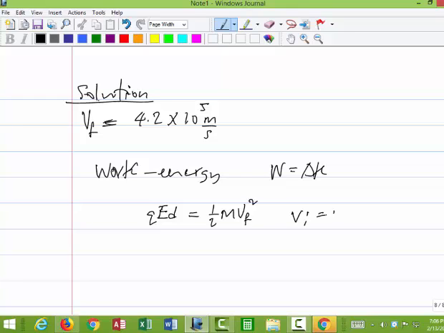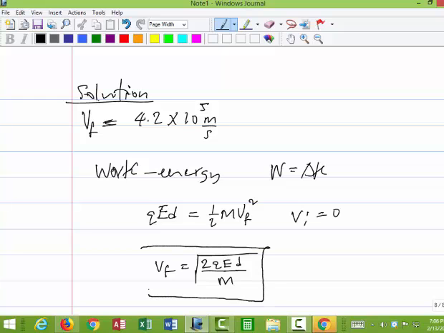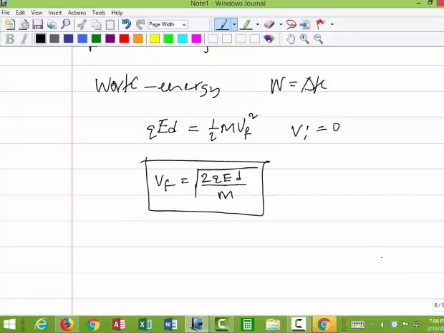V initial is equal to 0, so V final is the square root of 2QEd divided by m. Once you get that formula, you're basically done. I gave you the electric field, the distance between the plates, the charge, and the mass of the proton.